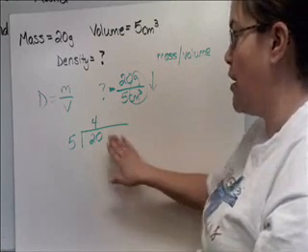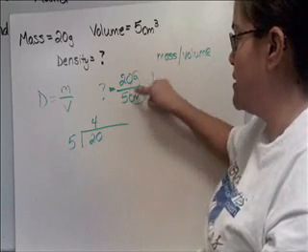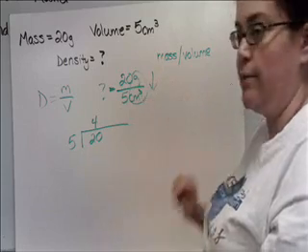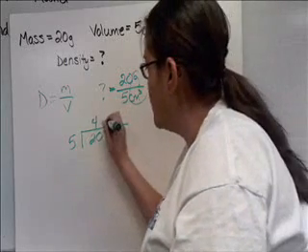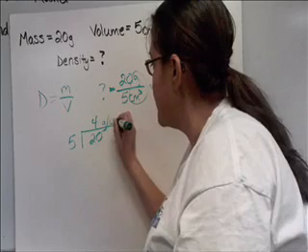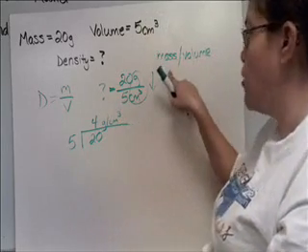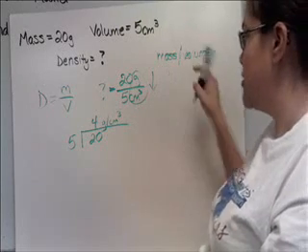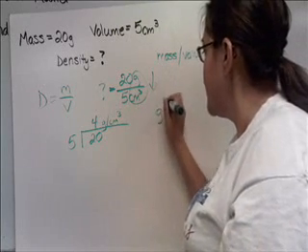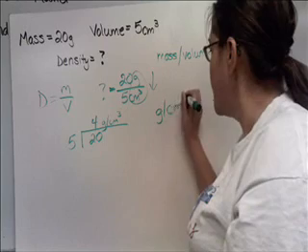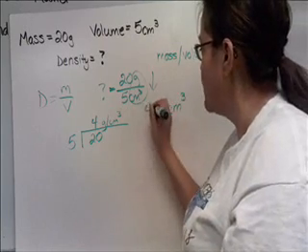So the label for our example here is going to be grams per cubic centimeters. So it's 4 g/cm³. Because your label for density is always your mass label over your volume label. So g/cm³. And our number was 4.